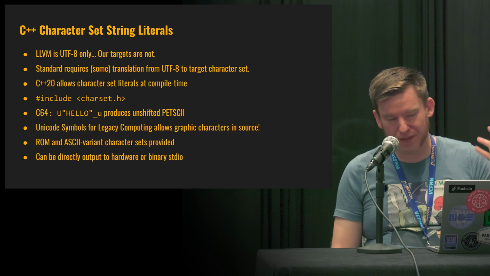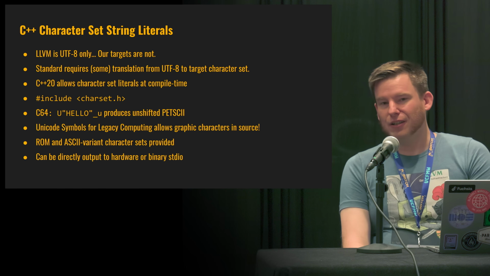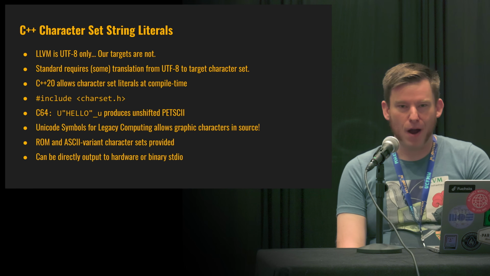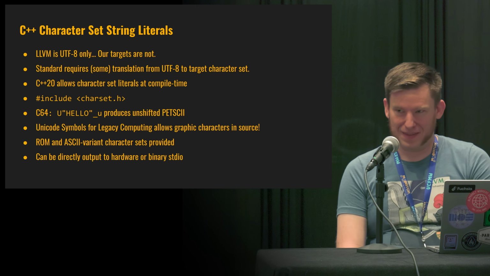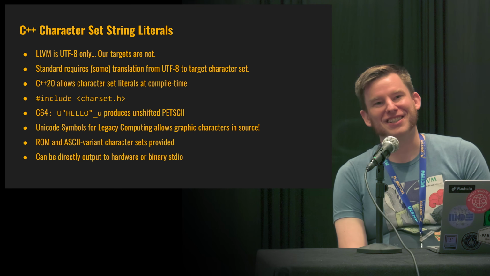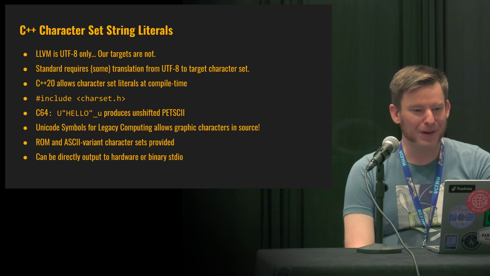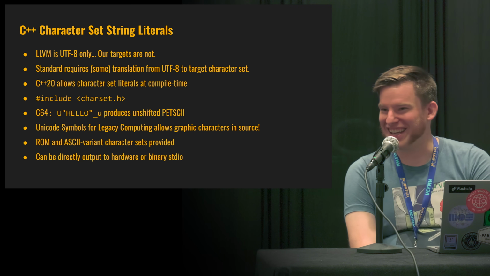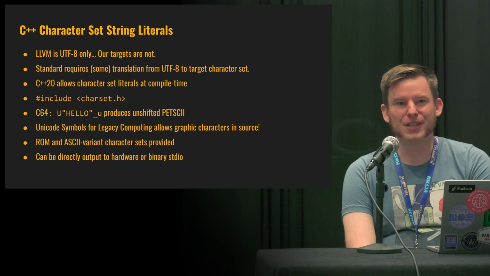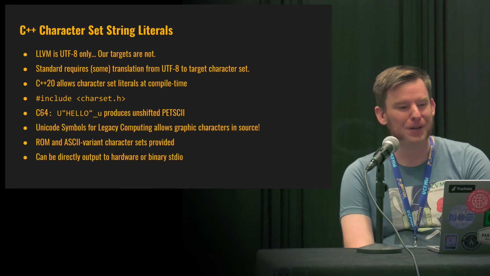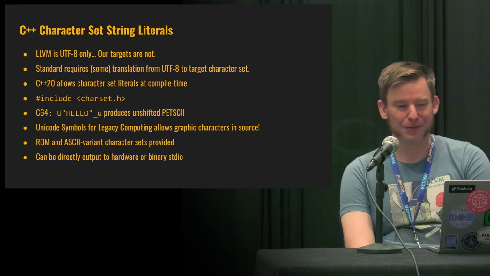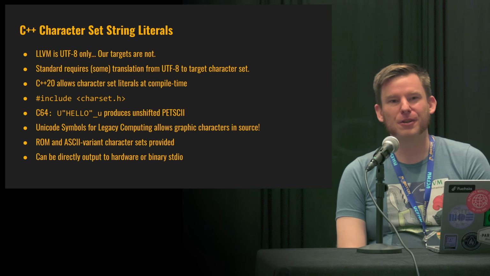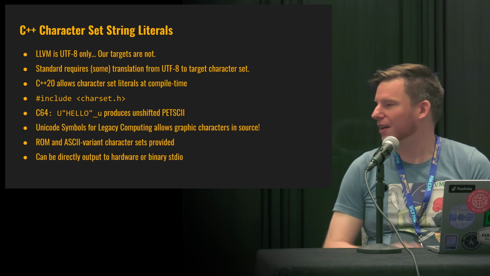Another interesting thing that we had to deal with, LLVM only supports UTF-8, and that's probably going to stay. All of these things have their own weird character sets, too. But here, we were able to use some C++ magic, and I really like this. So C++ has a wonderful, wonderful feature called user-defined literals, where you can take a string, and you can put something like _u next to it.